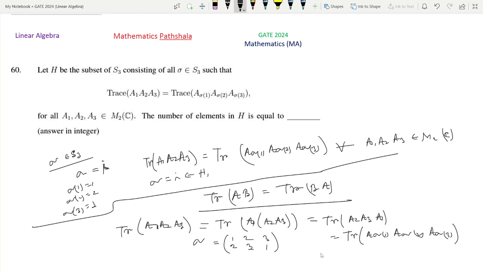This holds for all A1, A2, A3 in M2(C) for this sigma, so such a sigma belongs to H. Like sigma equal to I belongs to H, this sigma belongs to H too. So we have another element in H, and H contains at least two elements.